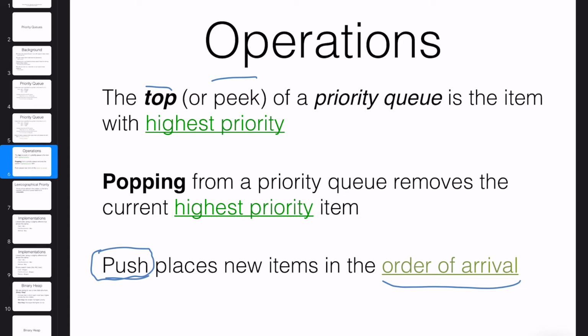For example, you can have two jobs that both have only 3 pages to be printed, so they have the same priority score. If you are removing one, you are removing the one that has been inserted earlier. So first in, first out.